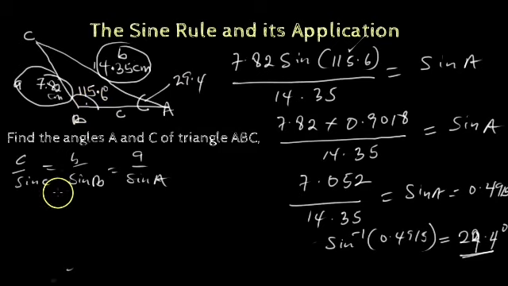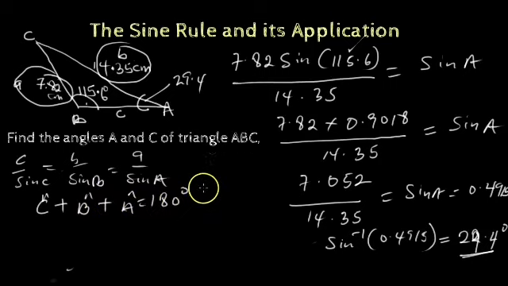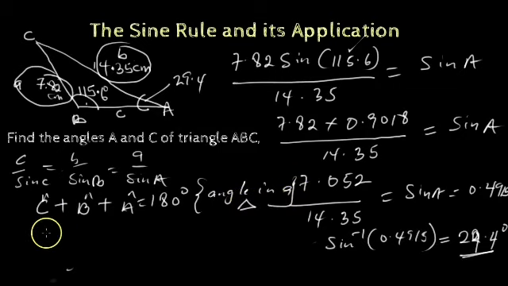Now if we sum up the angles in the triangle, the angle at C plus the angle at B plus the angle at A should sum up to 180 degrees. That's the angle sum in a triangle. So the angle at C plus 115.6 plus 29.4 is equal to 180 degrees.